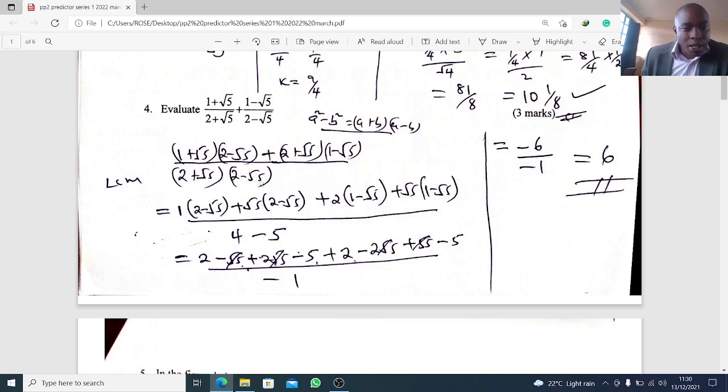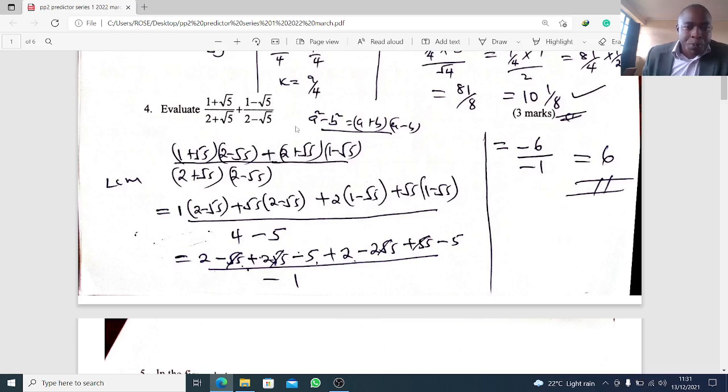That becomes the LCM. Then this one goes into all these, it will cancel itself, and we will remain with 2 minus root of 5, and that is now 1 plus root of 5 times 2 minus root of 5, plus this one, it cancels itself, will remain with this one, that is 1 minus root of 5 into 2 plus root of 5.